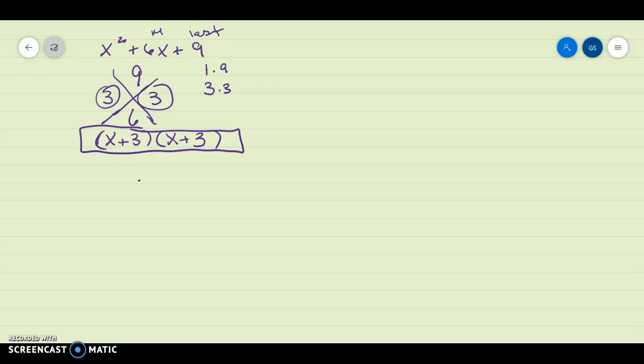Okay? All right, one more. It doesn't matter what letter it is. So it's p squared plus 15p plus 44. All right. So what happens? Sometimes numbers have more than 2 or 3 factor pairs.